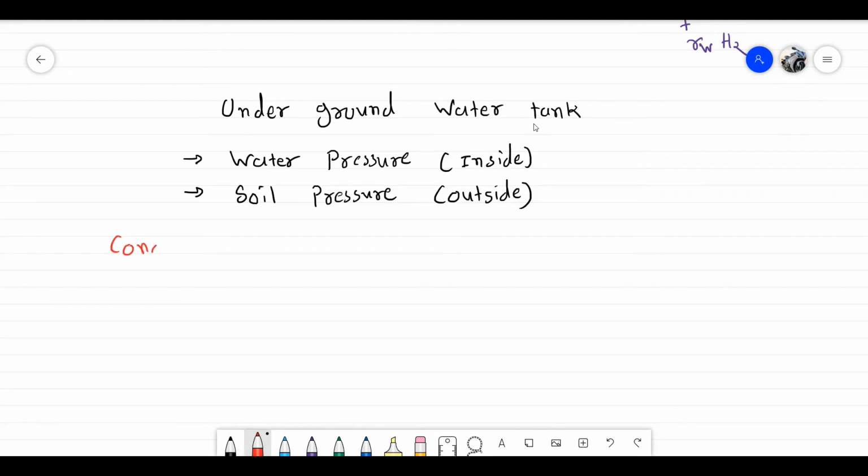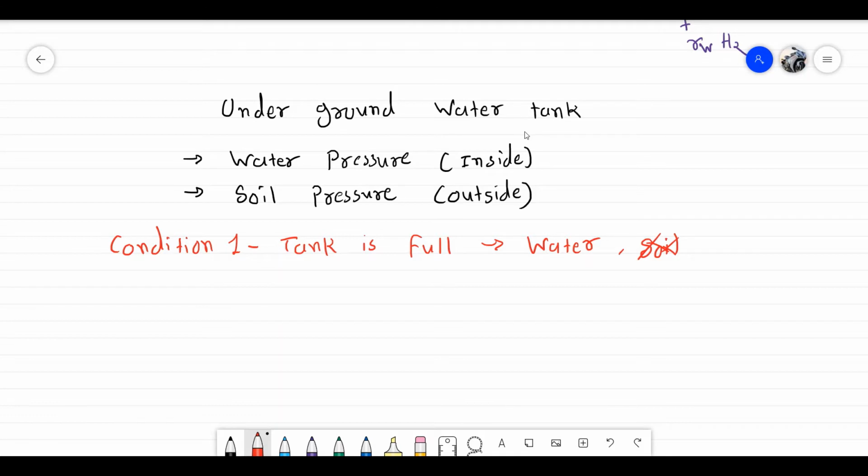Condition 1 says the tank is full. If the tank is full, we calculate water pressure, but we neglect the soil pressure.